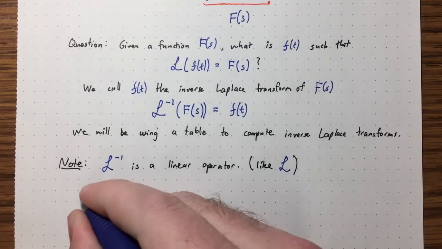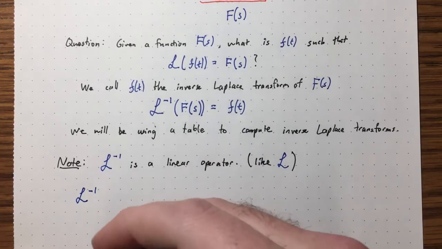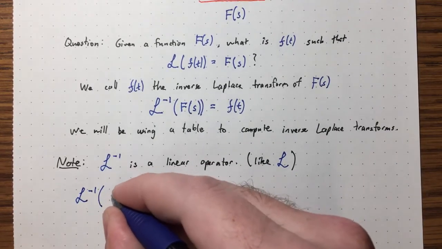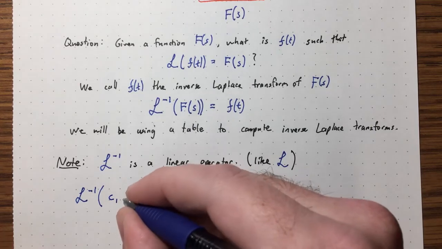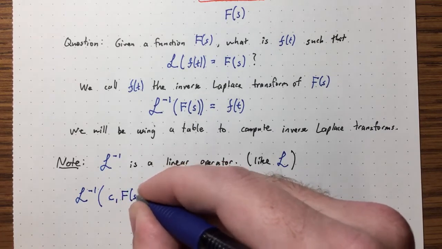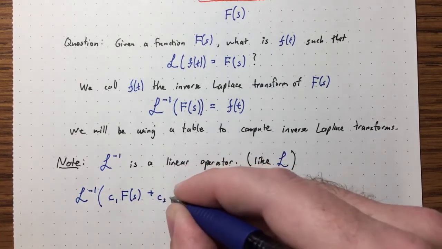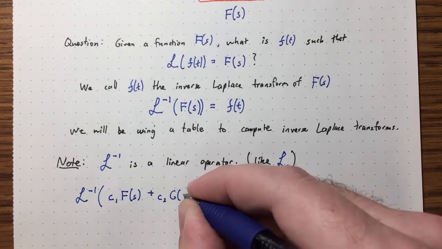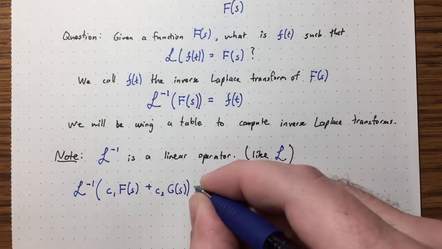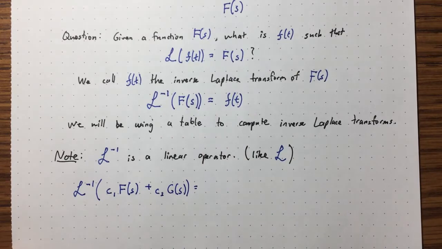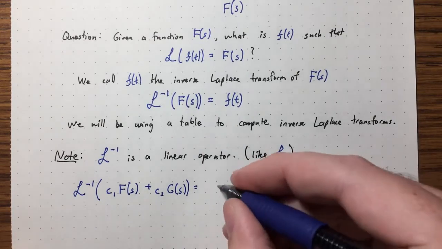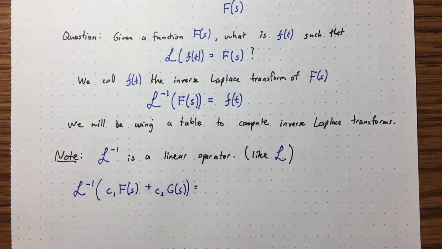So let's see why this is true. It shouldn't be too hard. What if we take the inverse Laplace transform of C1 times capital F of s plus C2 times capital G of s, some other function? Here's what I'm going to do. I'm going to try to use the fact that L is a linear operator.